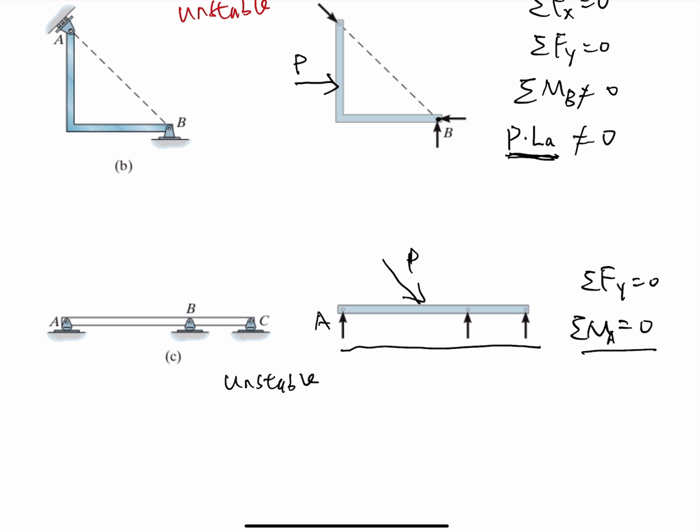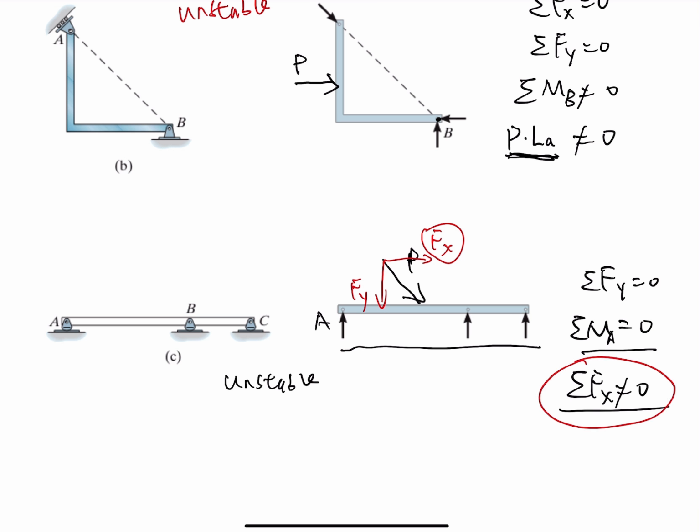But we cannot satisfy the equation of equilibrium in the x direction. For example, this external loading has two components, Fx and Fy. Fx is the only force in the x direction. If Fx is not equal to 0, this equation cannot be satisfied. That's why this structure is not stable.